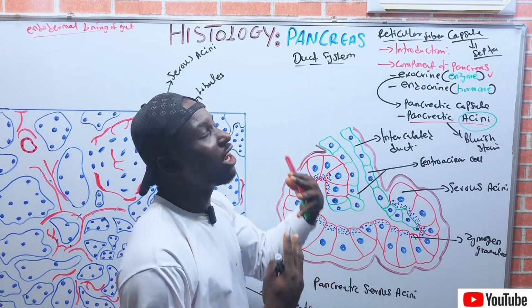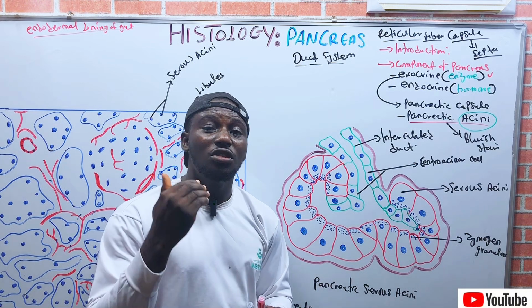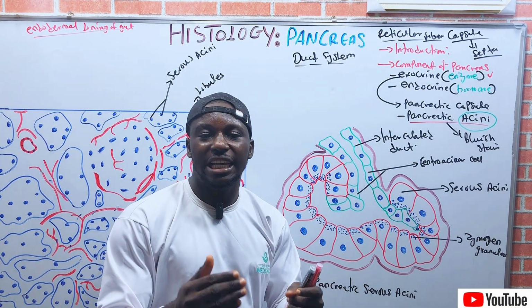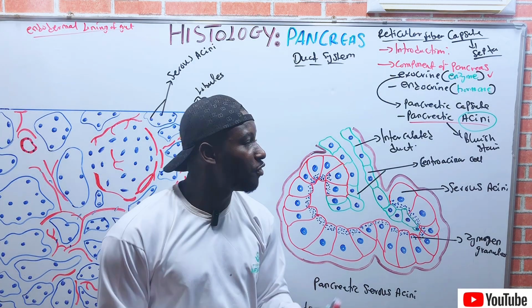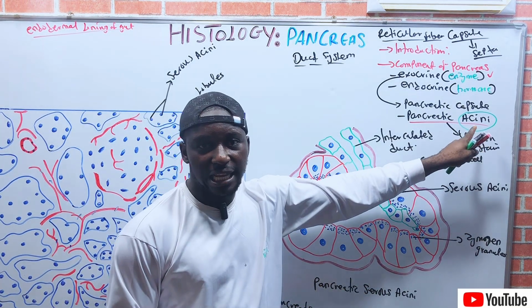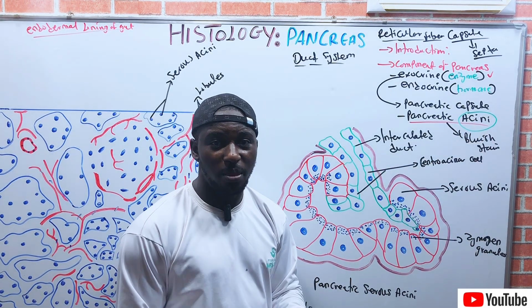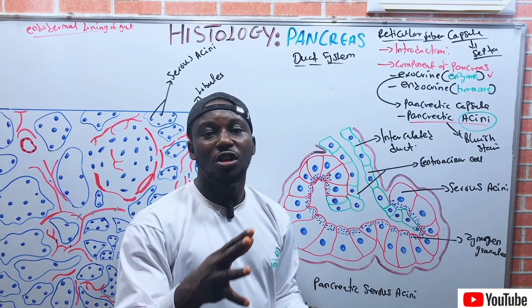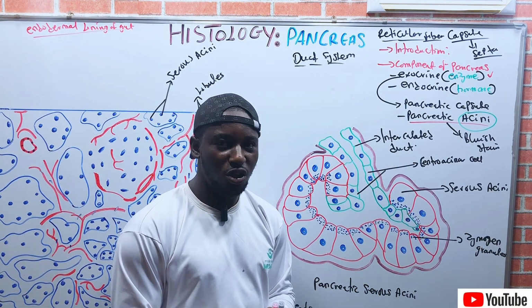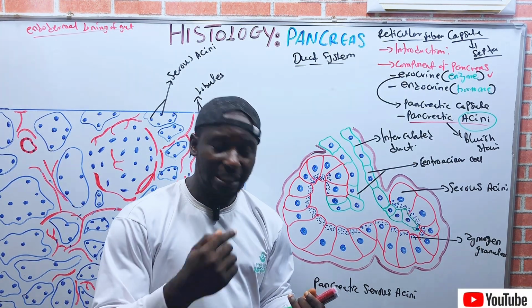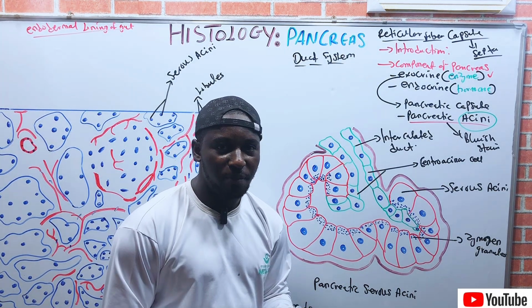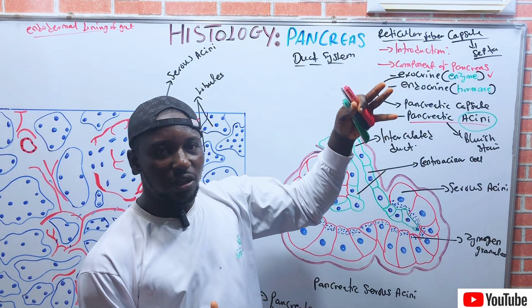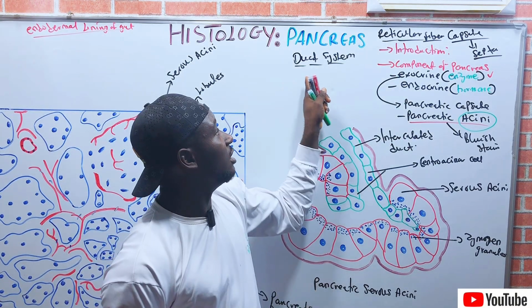Now, what is the duct system of the pancreas all about? The duct system of the pancreas is just like a tube whereby the secretion produced from the pancreatic acini enters the duodenum to aid in digestion, because those secretions are the pancreatic juice, which contains enzymes that digest carbohydrate, protein, and fat or lipid. So there is a duct, and that tube is known as the duct system of the pancreas.